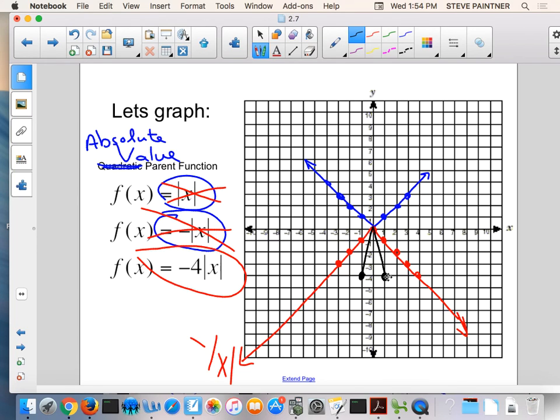Right 2, usually up 2. You're going to go up 4 times higher, that'd be 8. Reflect it, that'd be negative 8, wouldn't it? There it goes. And look how quick you graph that. Negative 4 times the absolute value of x. Good?